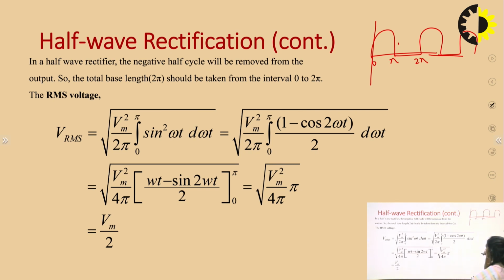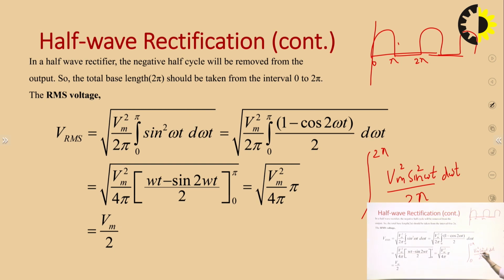If we take the square, we get Vm square sine square omega t. After that we have to take the mean, so we take the mean from 0 to 2 pi, dividing by 2 pi, d omega t.